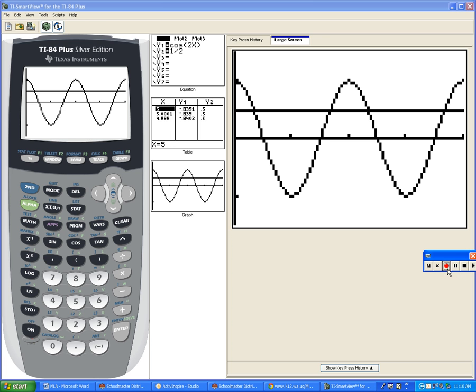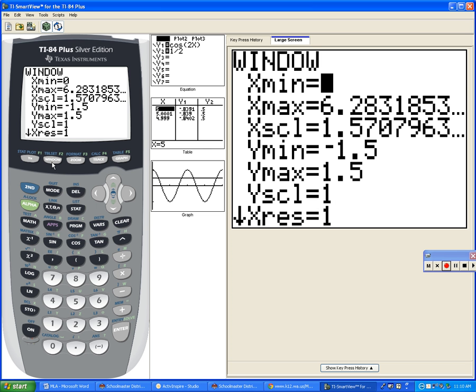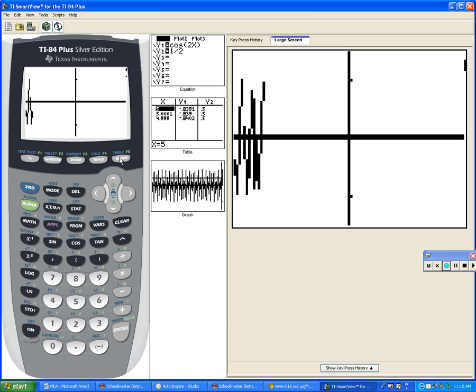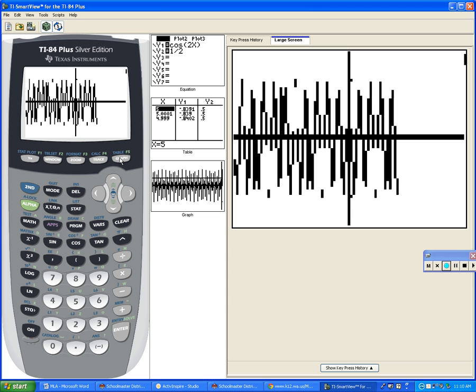Now, in the directions it says solve each equation in the interval from 0 to 2 pi. The reason they say that is because if I do something silly, like go from negative 1,000 to 1,000 and graph that, how many times will my cosine graph intersect the line y equals 1/2 now?